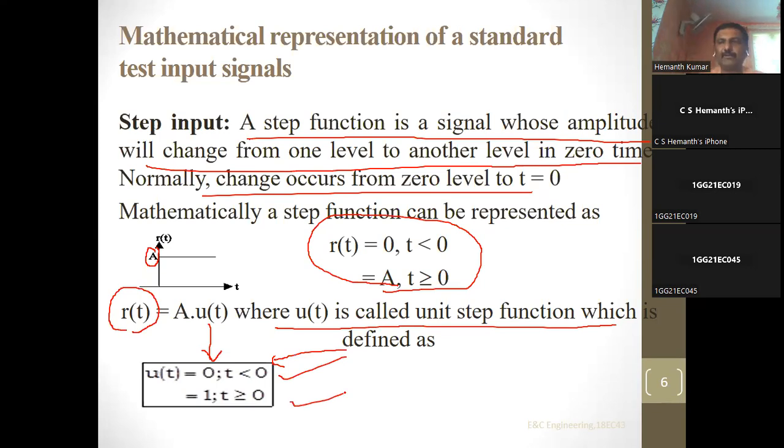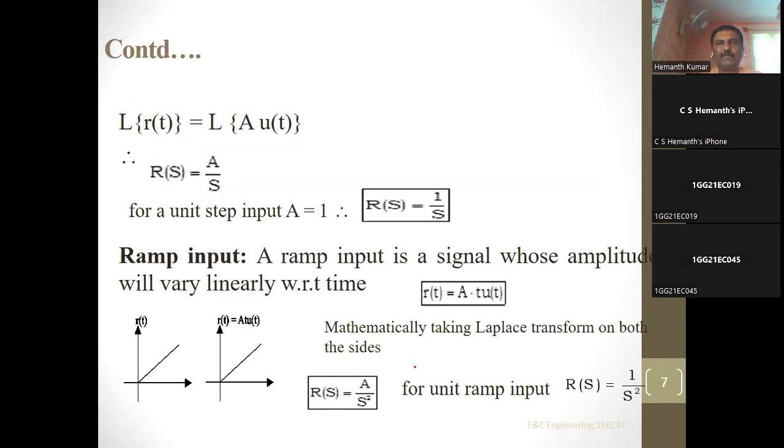Where U of T is called the unit step function, which is defined as follows: U of T is equal to 0 for T less than 0 and 1 for T greater than or equal to 0. Right? Now, in our case, you need to remember two things: the mathematical expression, physical existence, and the Laplace concerned with these cases. Now, how about the Laplace for this? The Laplace for this is quite simple.